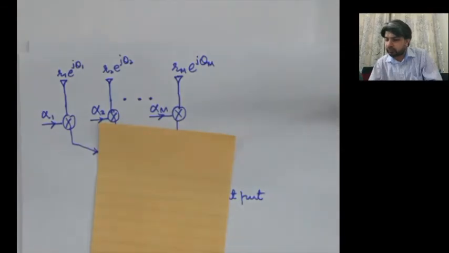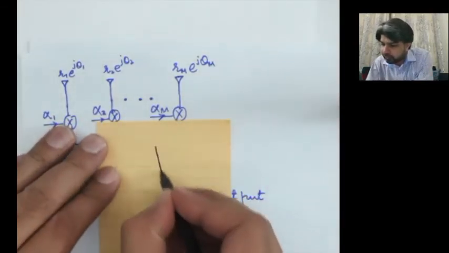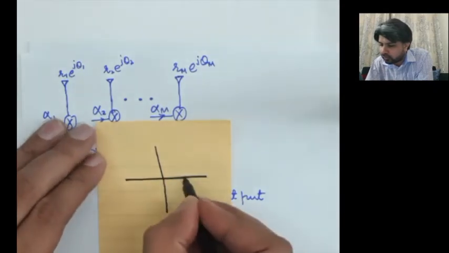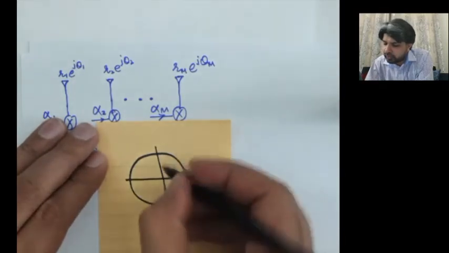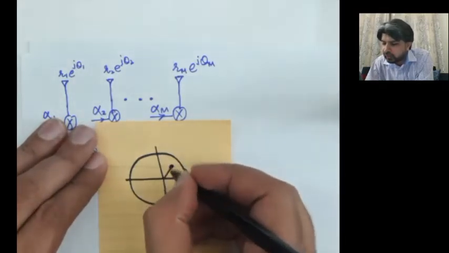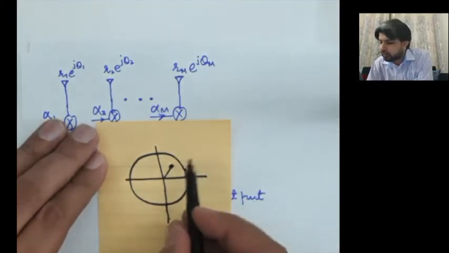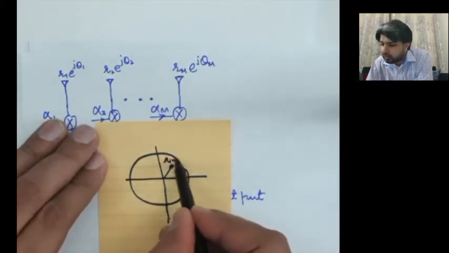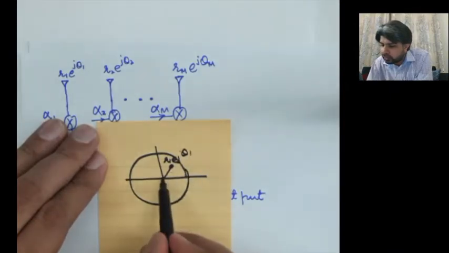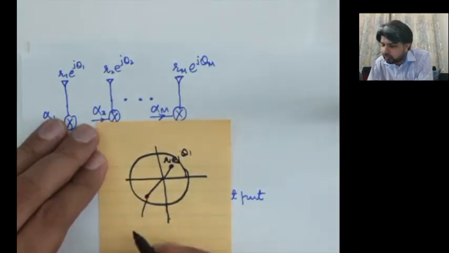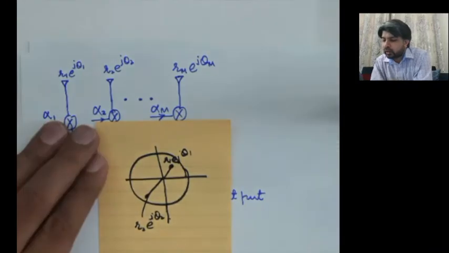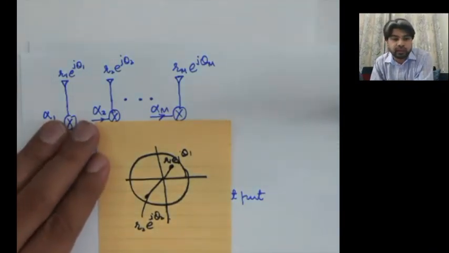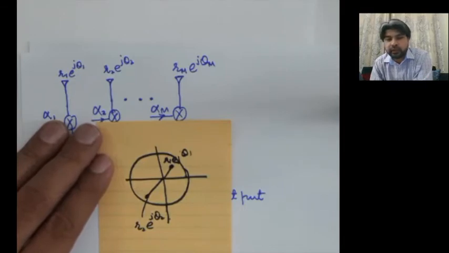For example, if I draw the polar coordinates for a complex number, this is the unit circle, and suppose that your receive signal at antenna 1 is this complex number, R1 e to the power j theta 1, and the receive signal at antenna 2 is R2 e to the power j theta 2. Now, if all of these signals were combined in a vector form, this would be equivalent to the fading scenarios.